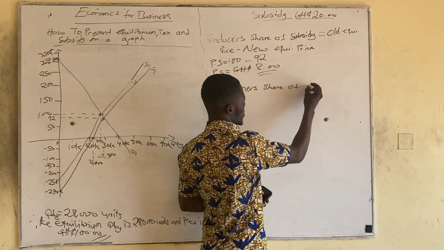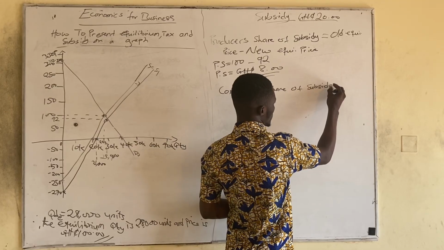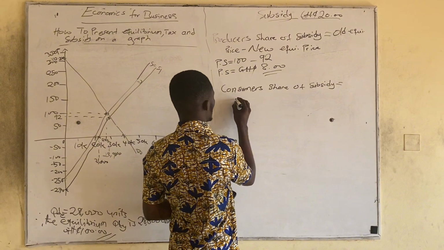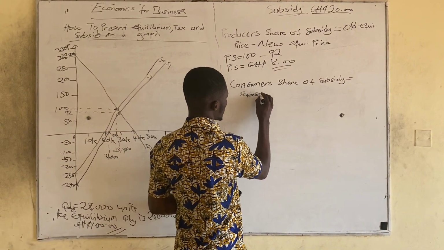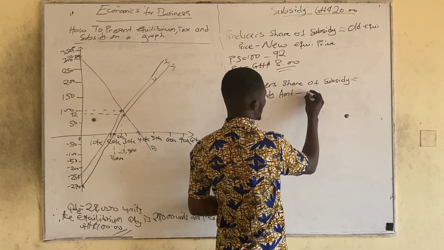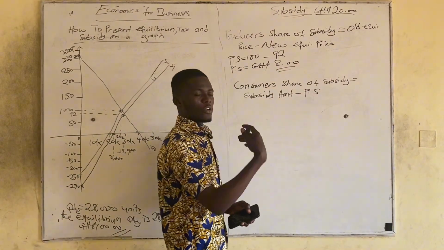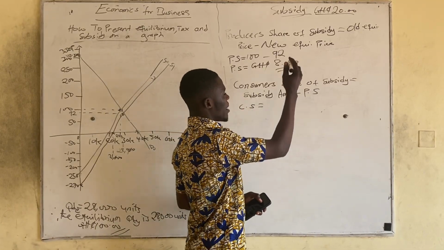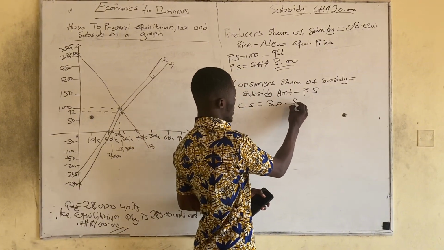Now consumers' share of subsidies will be subsidy amount minus our producers' share. Since we already have the producers' share, consumers' share is equal to the subsidy amount of 20 cedis minus producers' share of 8 cedis.